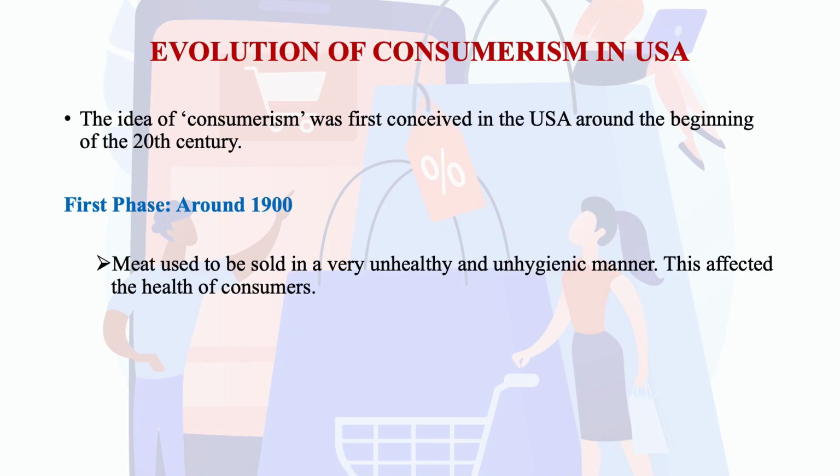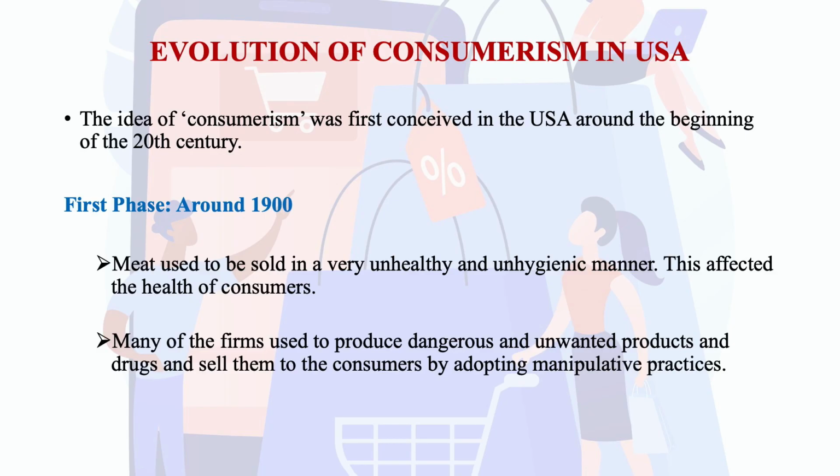The dissatisfaction undergone by consumers in America was with specific reference to meat being sold in a very unhealthy and unhygienic manner, which affected the health of consumers at large. People were finding it very difficult to get a solution or relief.